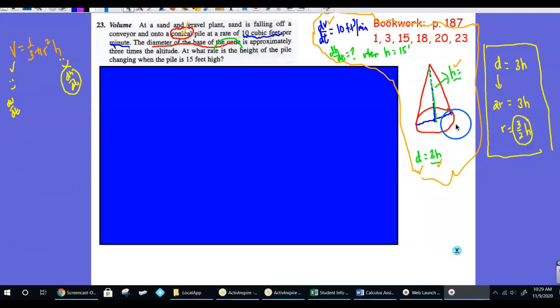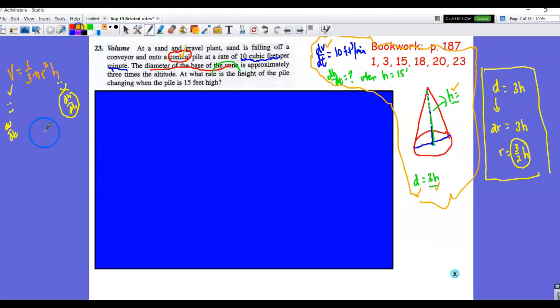In place of r. So when I come back over here to the left-hand side, I can rewrite this equation. Notice no calculus yet. 1/3 pi. In place of r, I'm going to substitute 3/2 h times h. No calculus yet. I'm going to clean that up and simplify. That's 1/3 pi times 3/2 h squared. h times h.